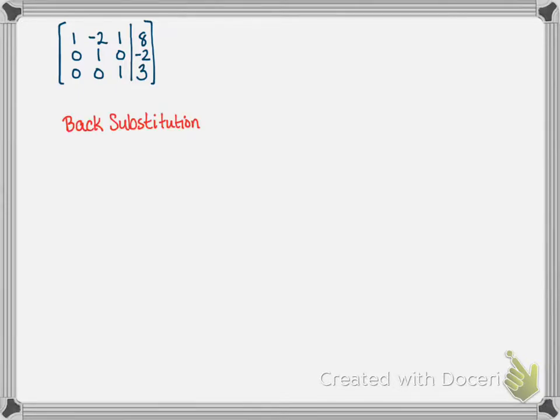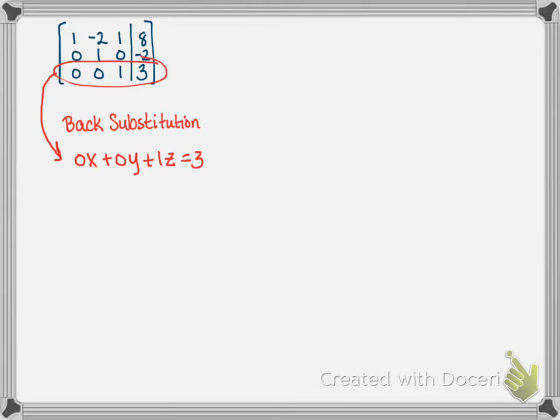Now, in order to get the solution to our system, we'll use back substitution. Remember, when we created the augmented matrix, we read the coefficients from the equations. Now we can go backwards and read the equations from the coefficients. So this last row is 0x plus 0y plus 1z equals 3.